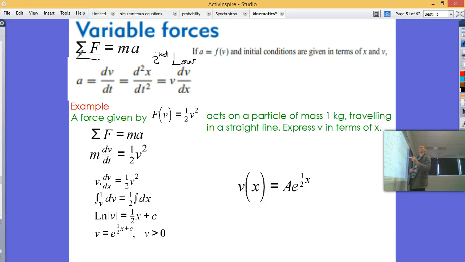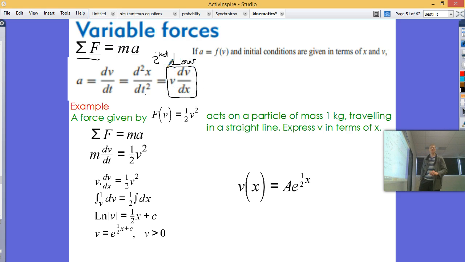And sometimes we can draw on different versions of acceleration as a vector. We can have it as dv/dt. Or if we're looking at the position vector, we've got the second derivative with respect to time. If we want to start eliminating time and represent it in a different parameter like displacement, we can use this one. And this is a useful one that we're going to draw on mostly today.